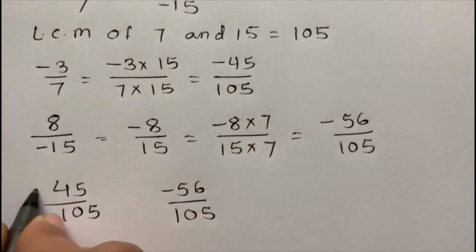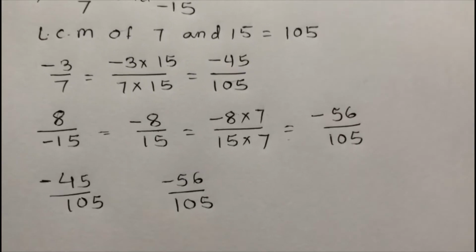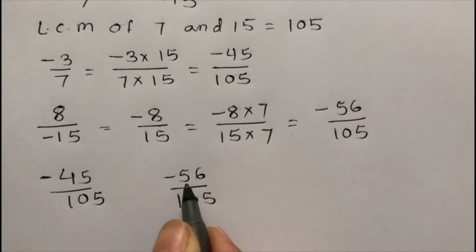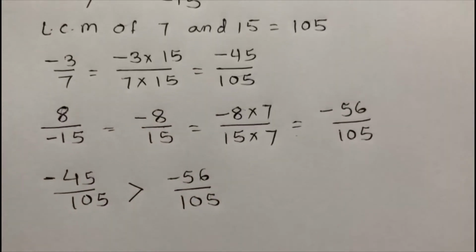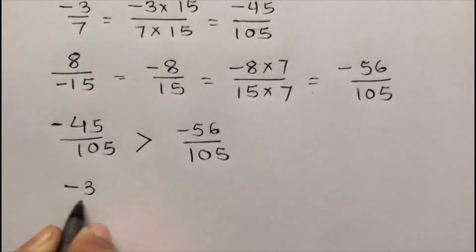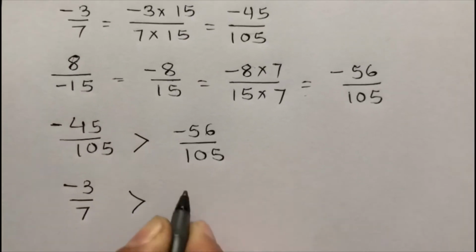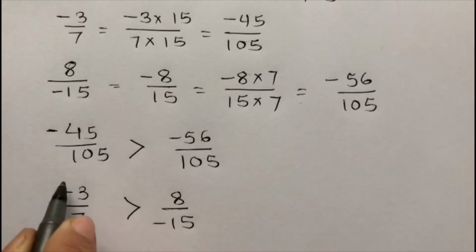Minus 45 is greater than minus 56. So I give the sign like this. That means minus 3 by 7 is greater than 8 by minus 15.